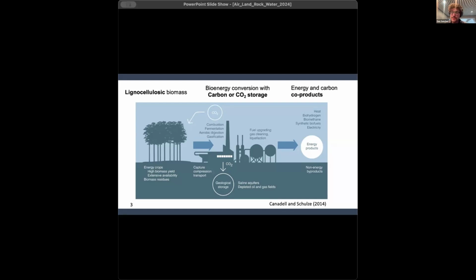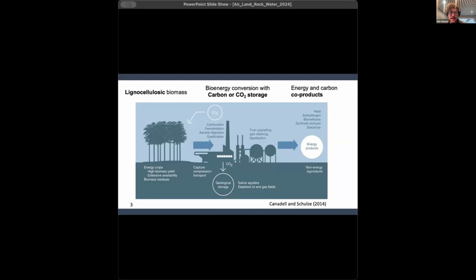That biomass is then harvested and transported to a conversion facility where we can use a range of approaches, including thermochemical conversion using heat and catalysts, or biochemical conversion using biology in order to turn the carbon in that biomass into useful products. Typically, when we're talking about bioenergy with carbon capture and sequestration, there is both an energy product and a carbon product.